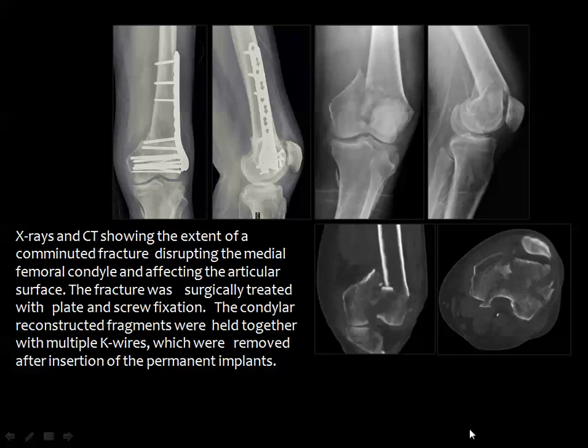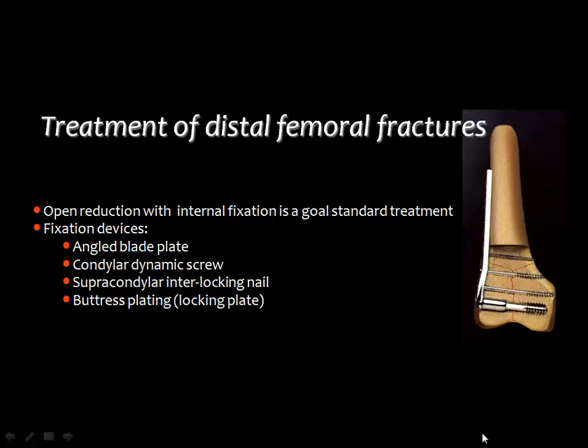This is the way of fixation of these fractures. There are many fixing devices like the angle blade, condylar dynamic screw, supracondylar interlocking nail, and buttress plating or locking plate.